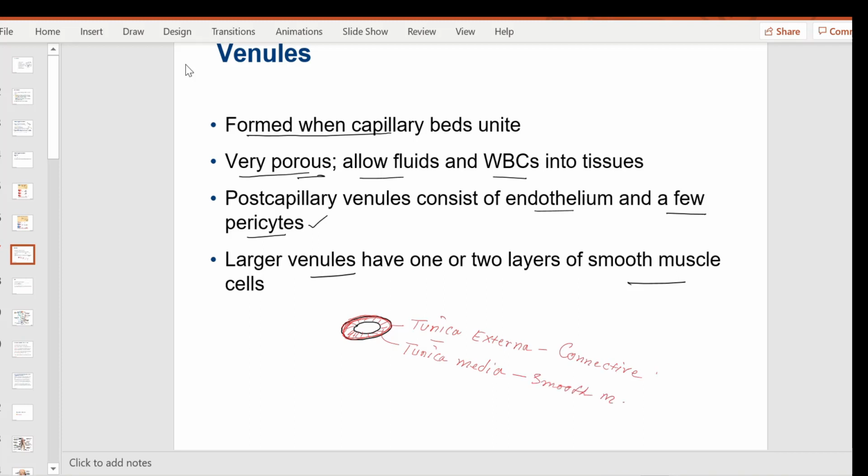Okay, and then the innermost thin simple squamous layer is called the endothelium, tunica intima. So this is tunica intima, the innermost thin layer. Simple squamous.